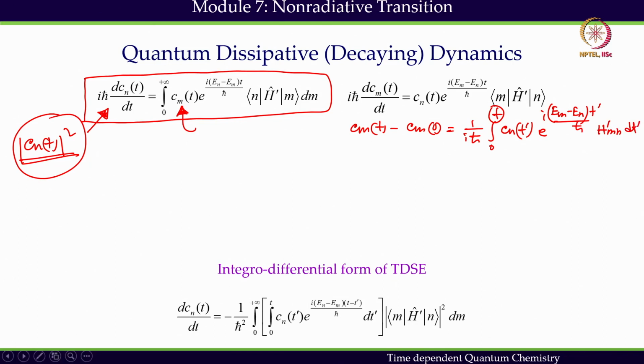So this is the integration I have. By initial condition, I have assumed that no population was present in the final state, so Cm(0) is going to be 0. So this part is gone, and I have this Cm(t) expression like this.